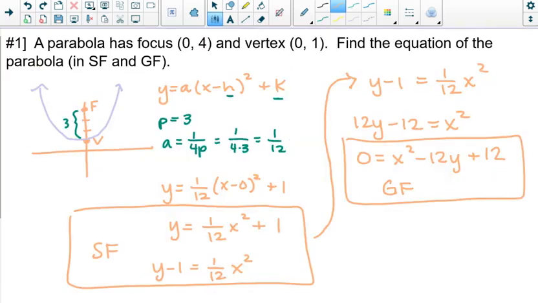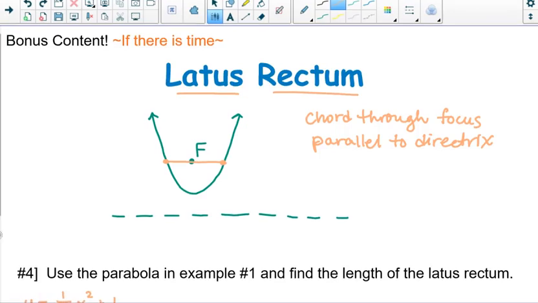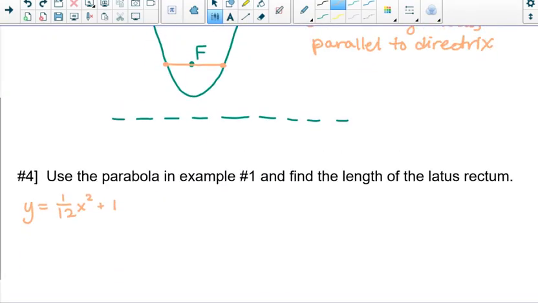We see that the focus is (0, 4), and that's probably all we need from that to be able to answer this question.